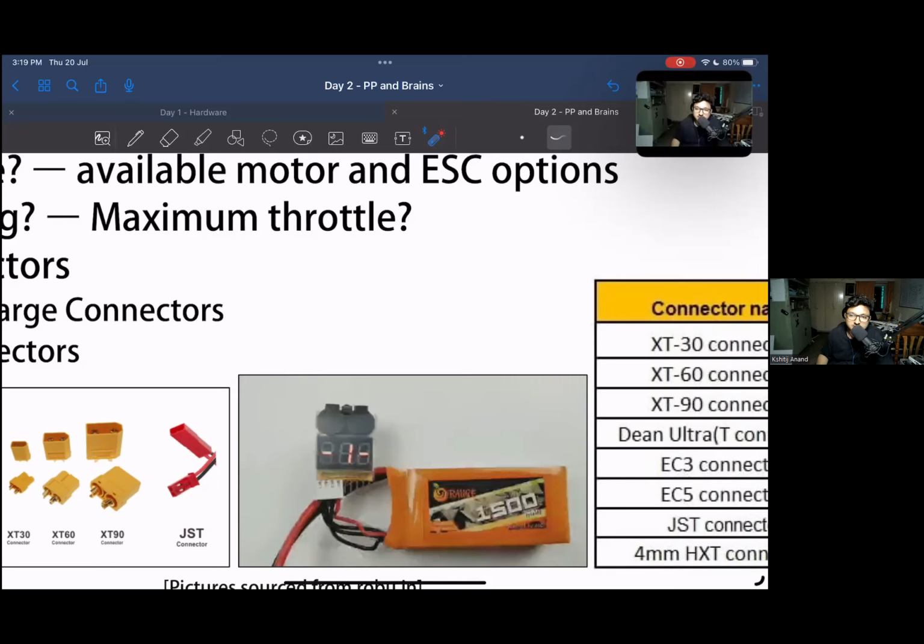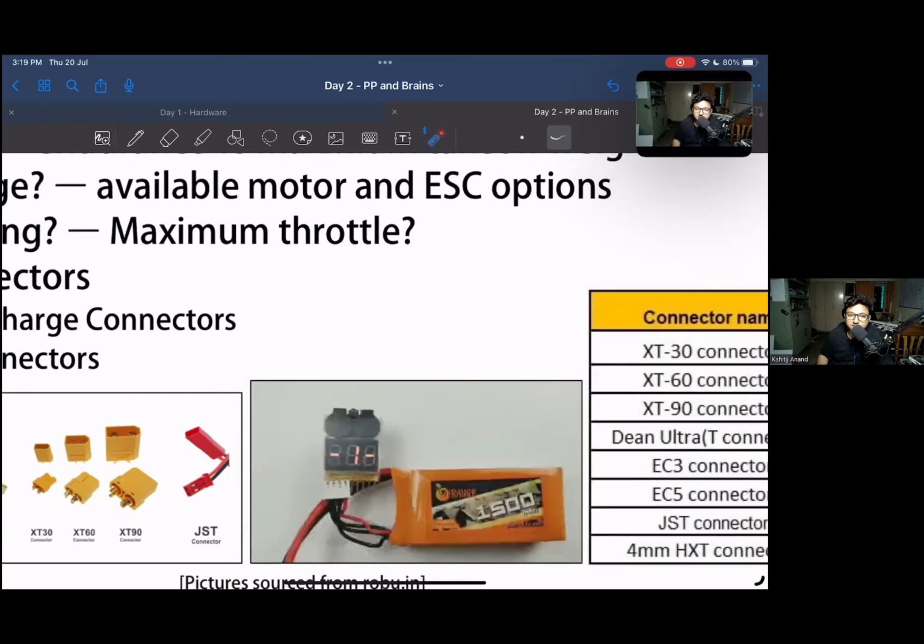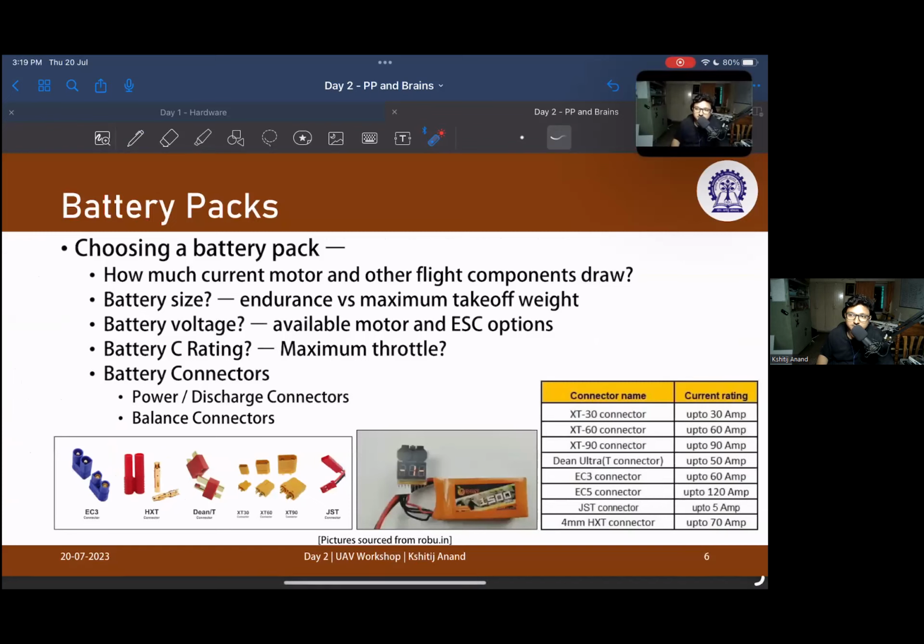You have 3 cells in series providing voltages. Let's say you are making a battery pack of 3 cells with each 3.7 volts. When you recharge it or whenever it is used, you want them to equally discharge and equally charge. To check whether that is happening, you need a balance detector or charge balance detector.